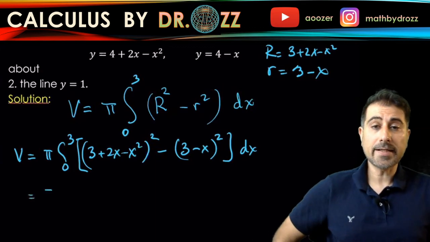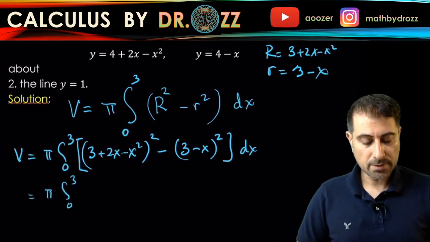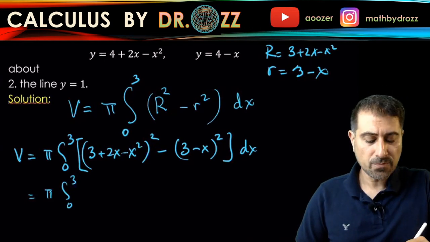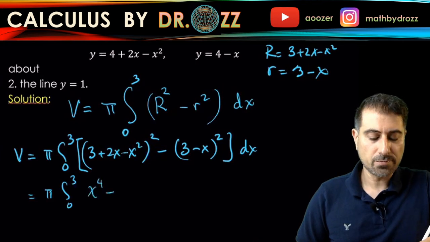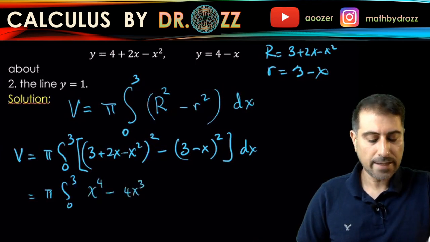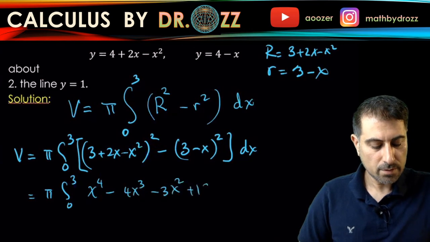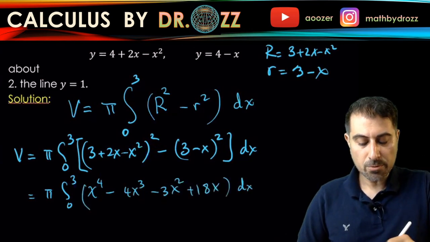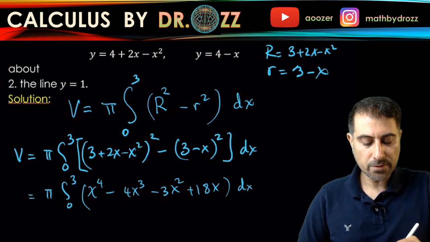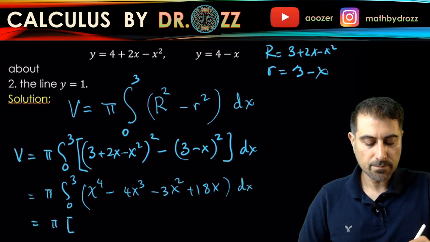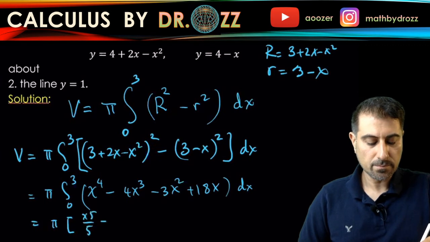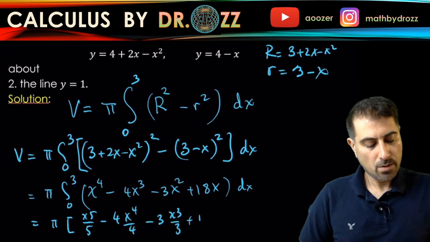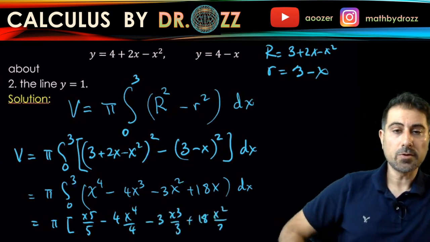I'm just going to expand the integrand out, and then please pause the video and convince yourself. This is x to the 4th minus 4x cubed minus 3x squared plus 18x dx. And we can use the power rule for integration to find the antiderivative of this, for the lower limit 0 and upper limit 3.